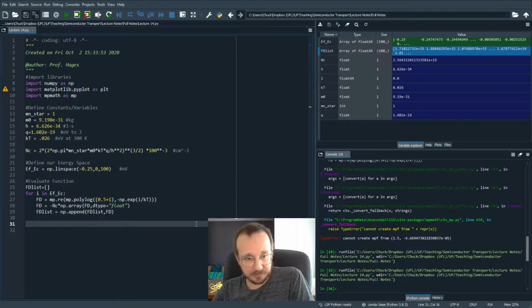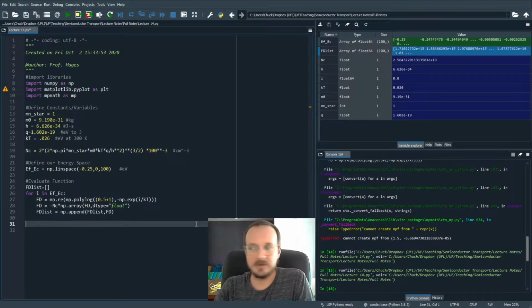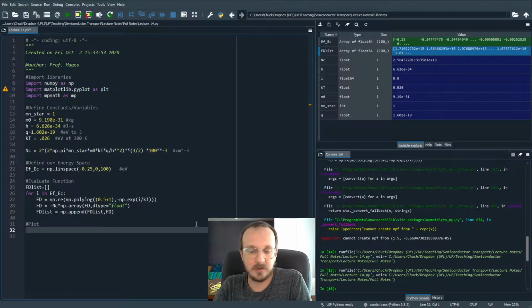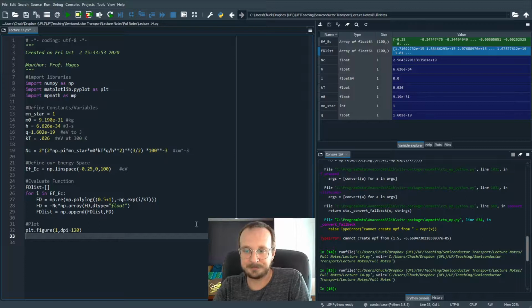So let's plot this. The first thing we can do is use matplotlib. I'll put a header, we're going to do a plot, and we'll say plt.figure, and we'll do dpi equals 120. Then let's put the values in first. So plt.plot, and we want to do our energy values.